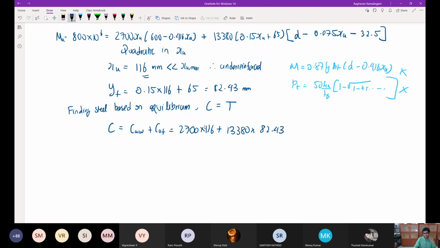Okay, so this is compression force. Tensile forces, obviously that's what we are going to find. 0.87 into Fy is 415 into AST. AST is what we are going to find. So how much is this? How much is this in terms of AST?